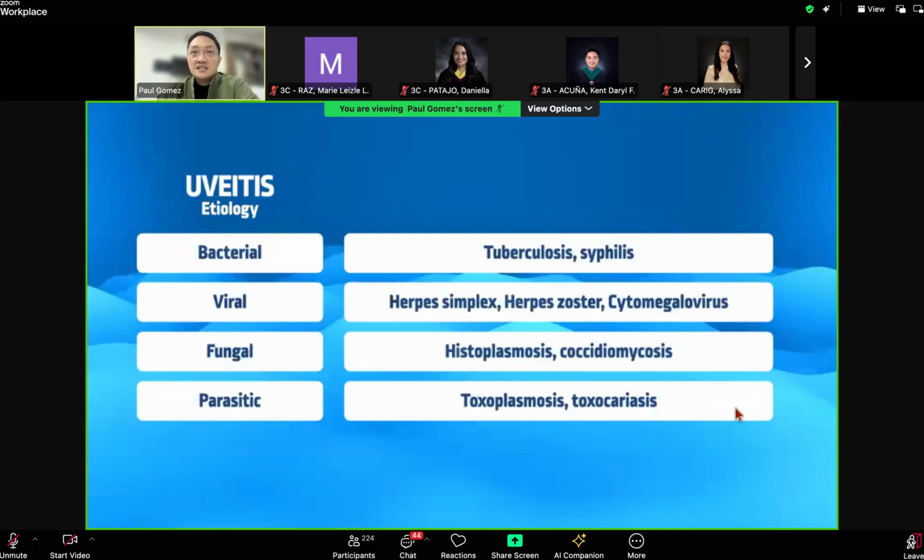If the patient is infected with herpes simplex, zoster, or possibly is immunocompromised and may have a CMV infection, the uveitis is viral in nature. If the patient is infected with fungal elements, histoplasmosis, coccidioidomycosis, that's fungal, and also parasitic infections such as toxoplasmosis or toxocariasis.